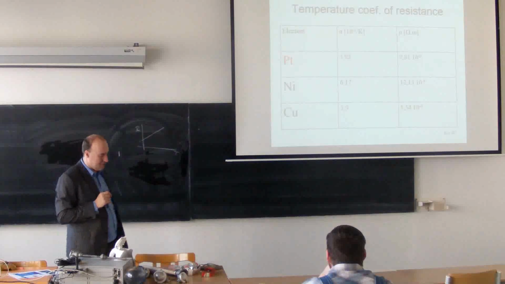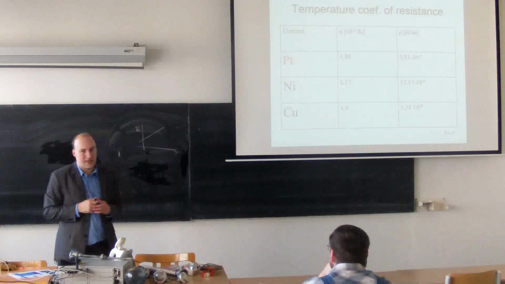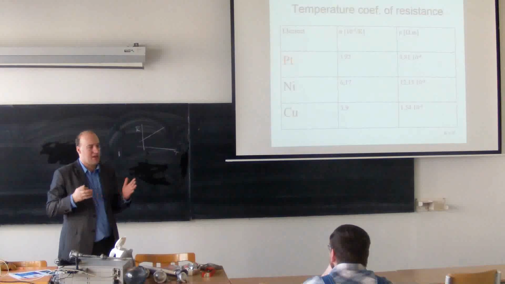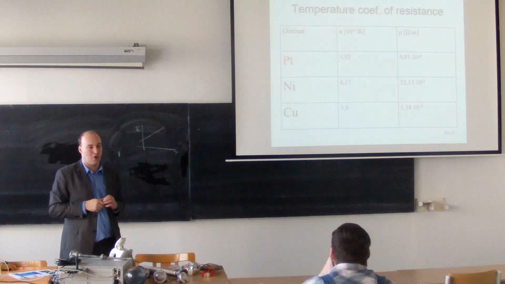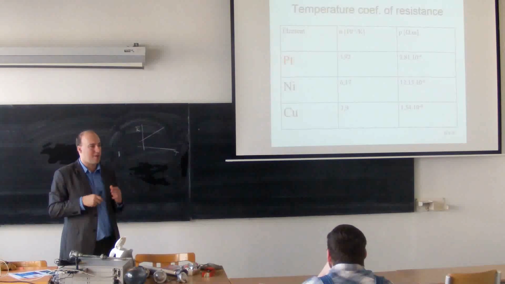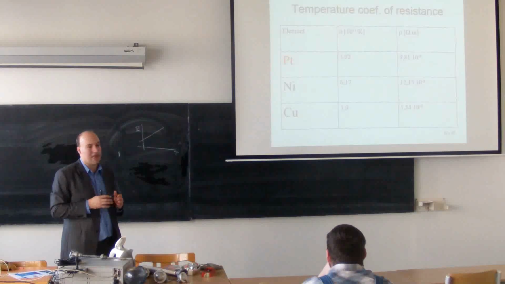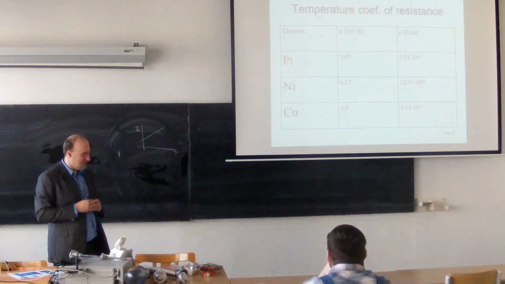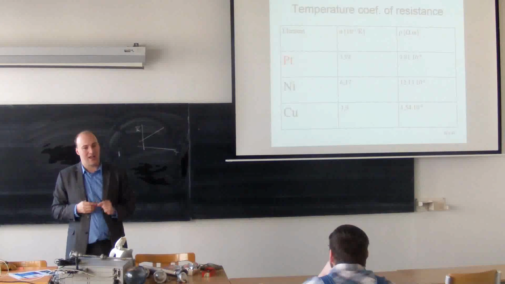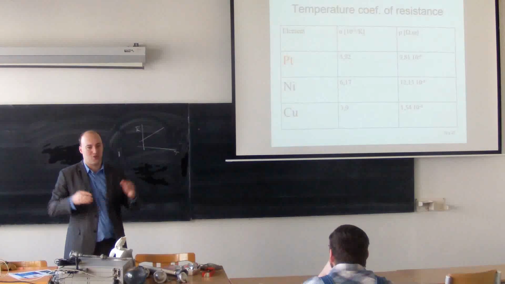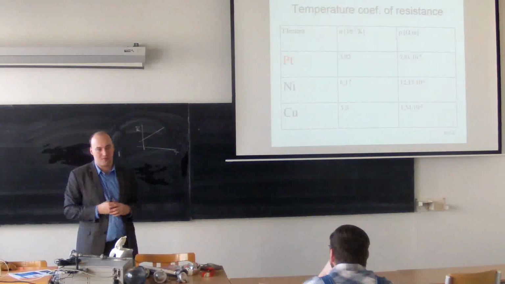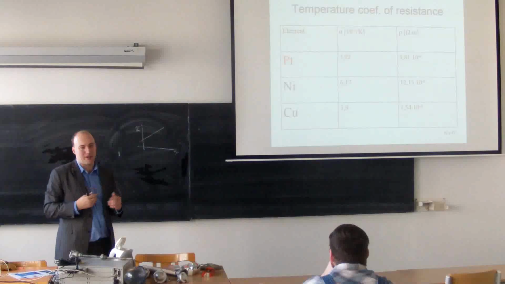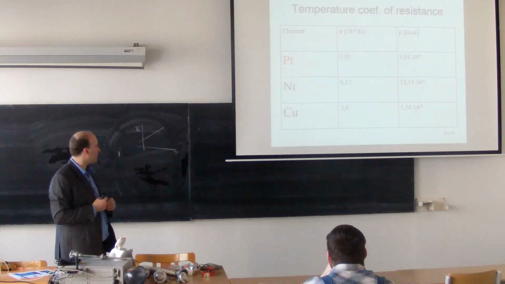It also means that if you want to build a sensor with a standard value of 100 ohms, then the copper sensor would have to be 10 times bigger. So the platinum sensor will be that big, and the copper sensor will be that big. There is also a space limitation. There are many other limitations why copper is not typically used for sensors.